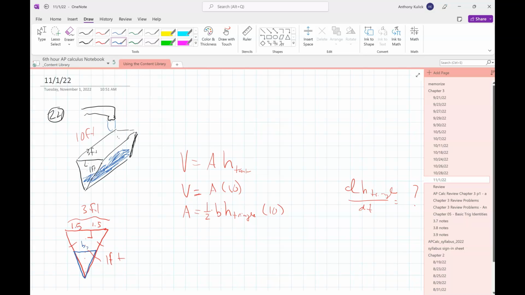So if I call this B2 and H2, I know B2 over H2 has to equal 3 over 1. The base of the trough, and the height for the triangle on the trough. Everybody's okay with that?